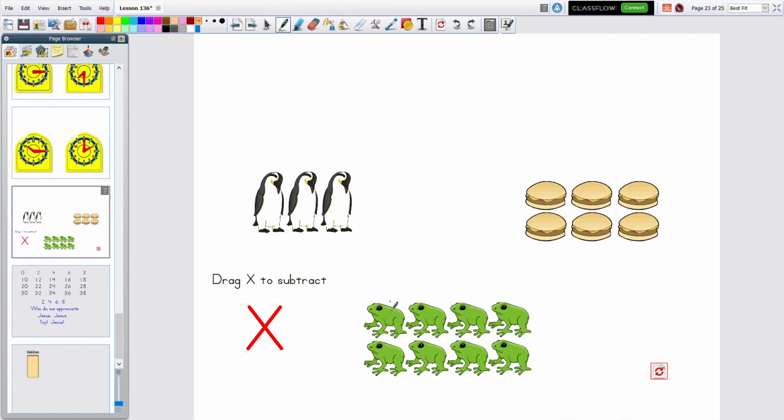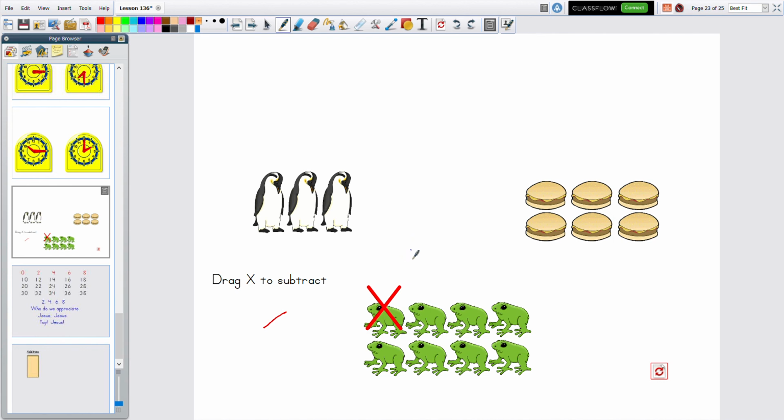Okay, we had 1, 2, 3, 4, 5, 6, 7, 8 frogs, and they were sitting on a log. One jumped in. Oops, I need to get my other tool. One of them jumped in, plop, into the pond. Now, we don't have 8 frogs anymore.